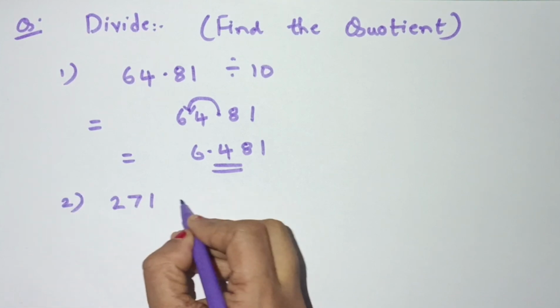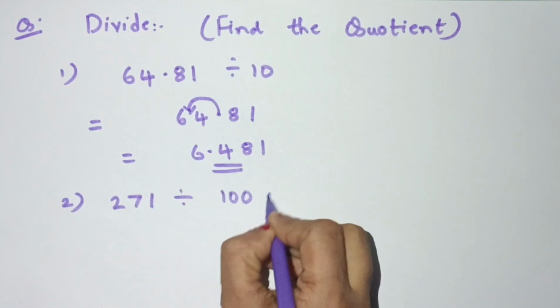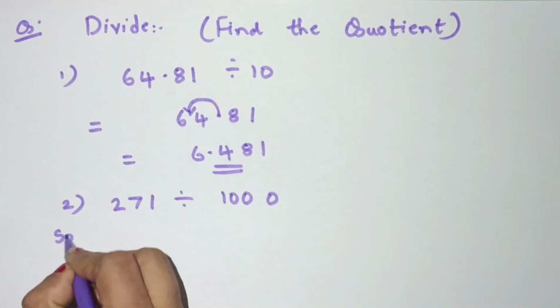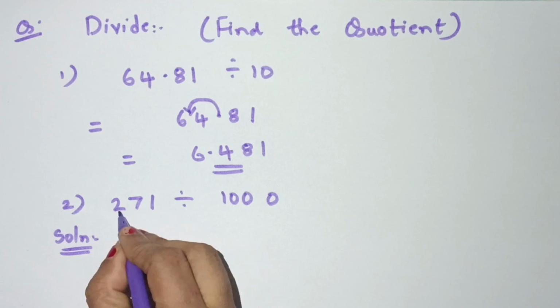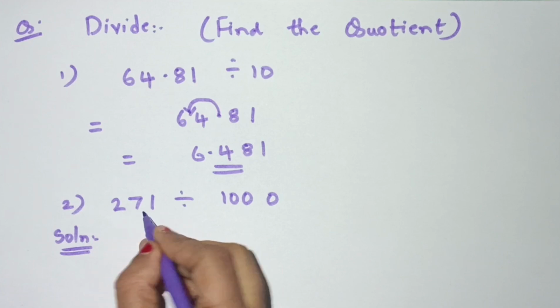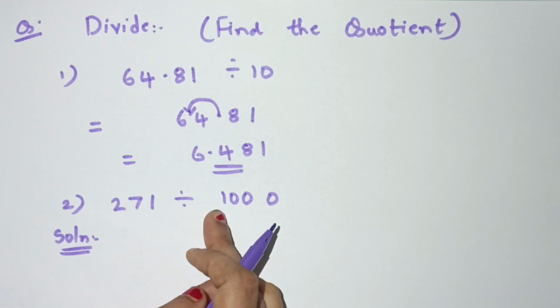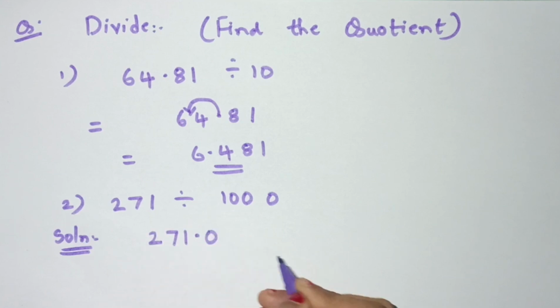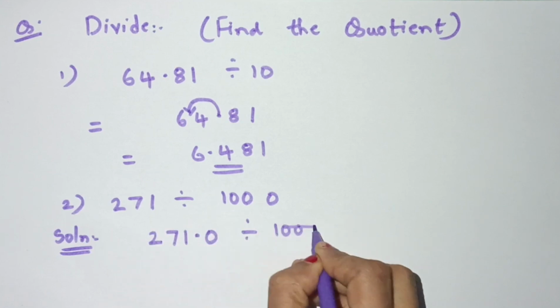Let's go to the second sum. 271 divided by 1000. Solution. When you see this 271, it is a whole number. You don't have a fractional part. So can I write this as 271.0? Yes. Divide by 1000.